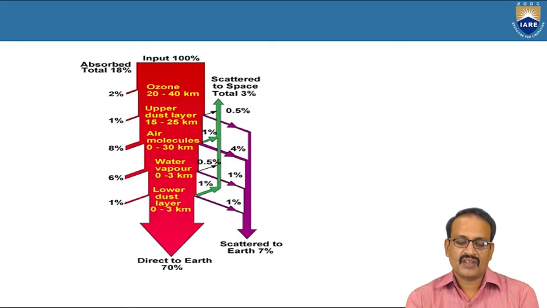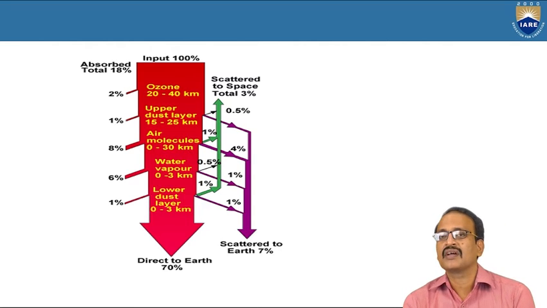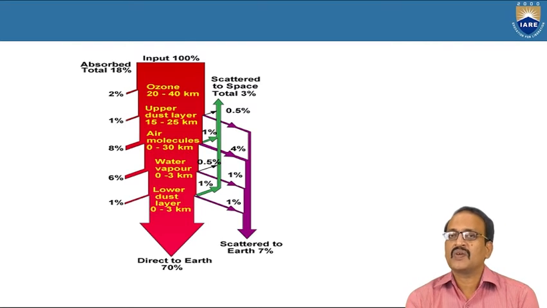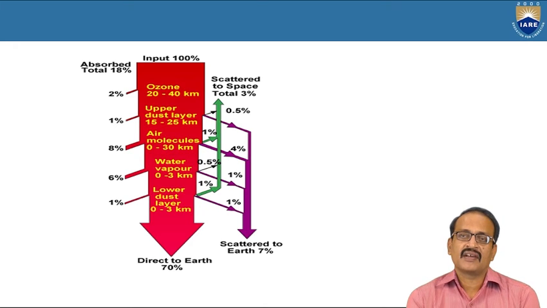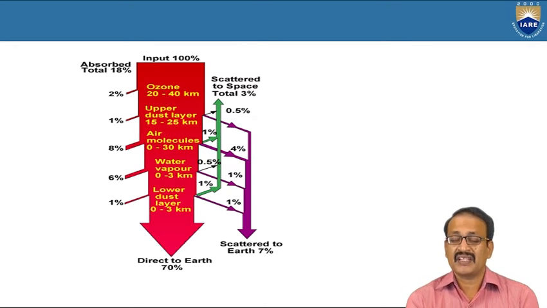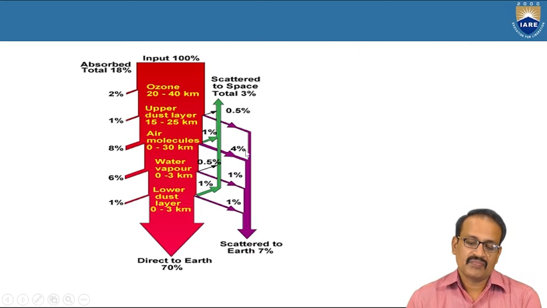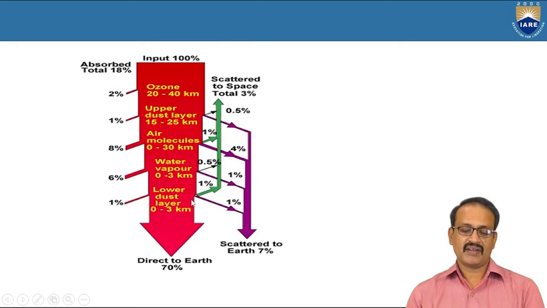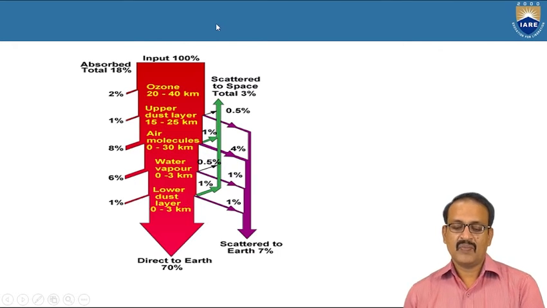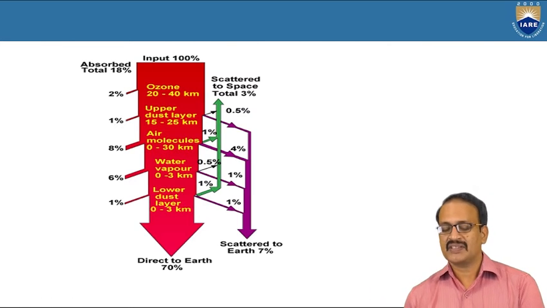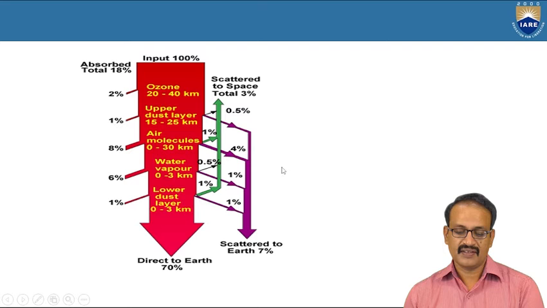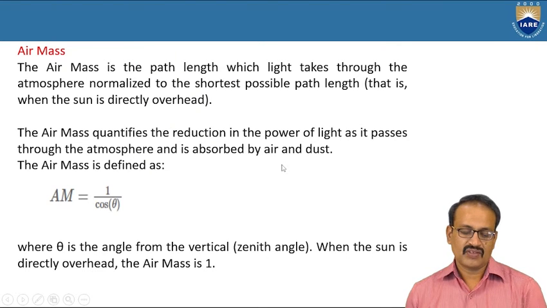And they are telling it is going to give 70%, including the part which is not absorbed by the layer but is scattered. So again in this, 3% is back from the air molecules, 1%, and 0.5% from the water vapor, and 1% of lower dust. It will go back to space. 3% is reflected back to space. So this is actually happening.